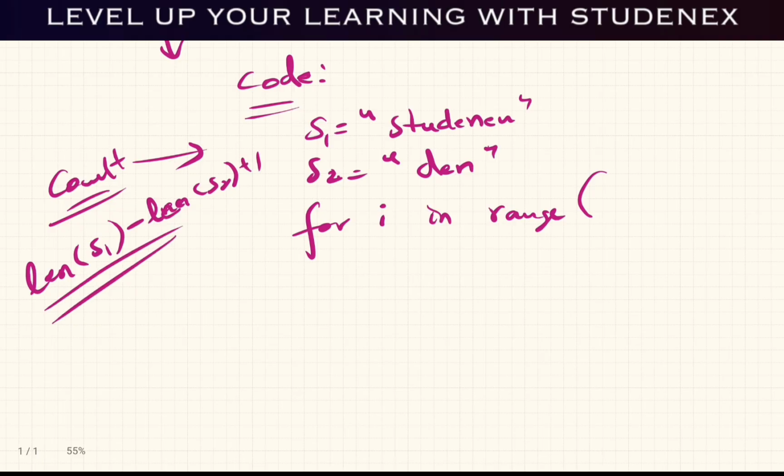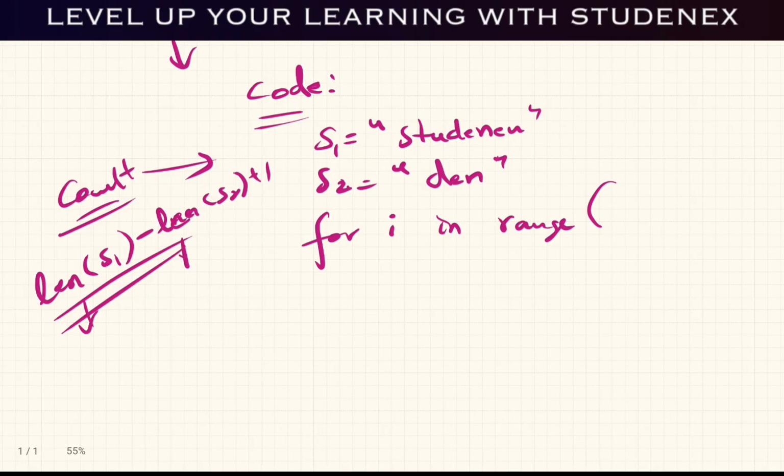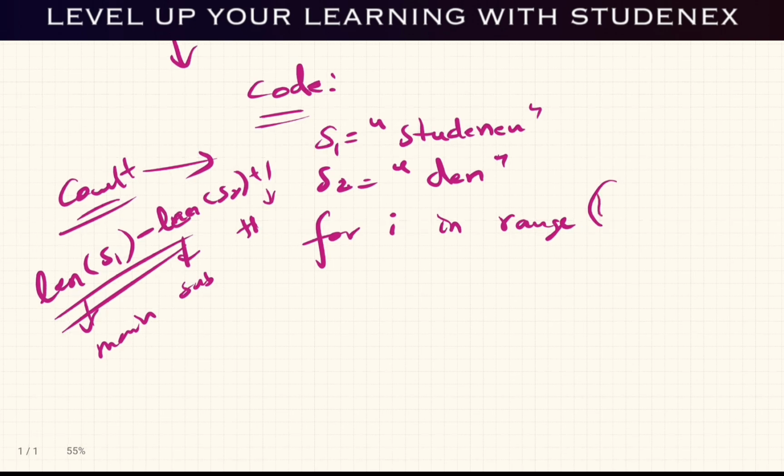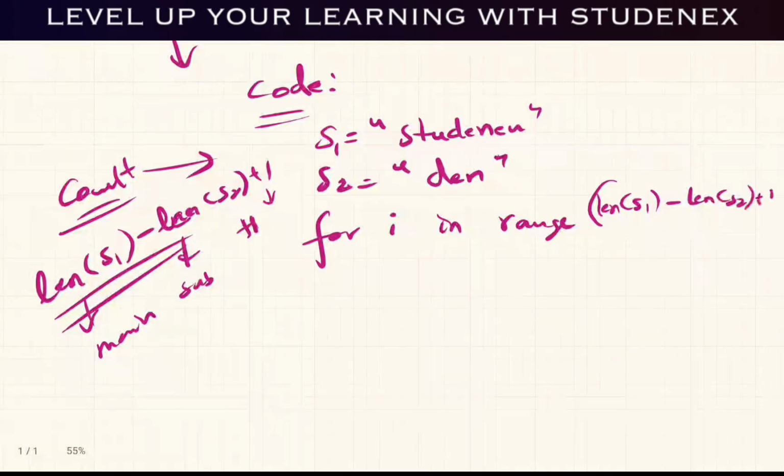This is my formula to iterate over substrings: length of main string, minus length of substring, plus 1, so that I don't go out of index.